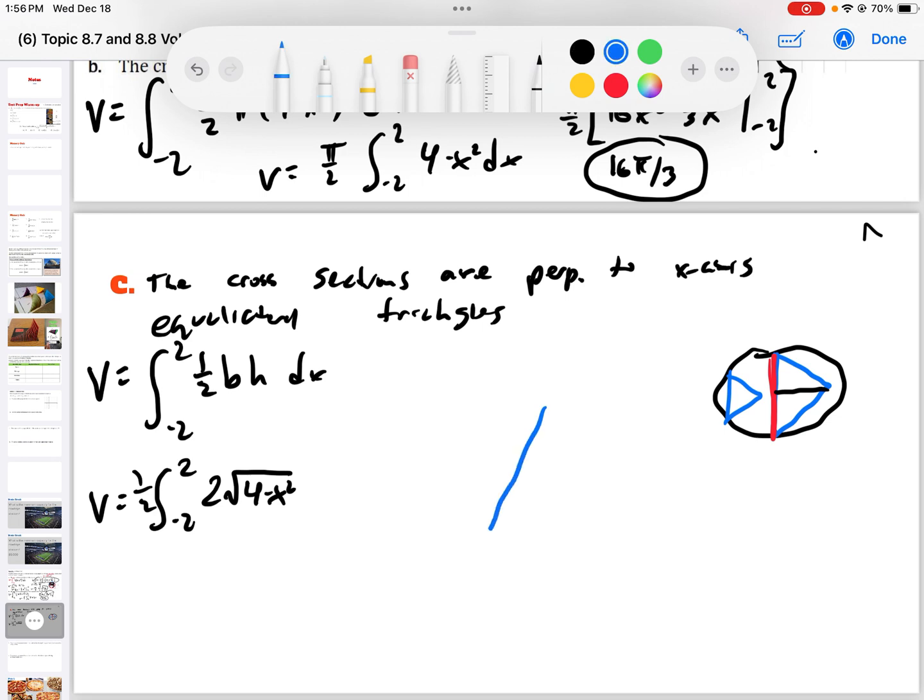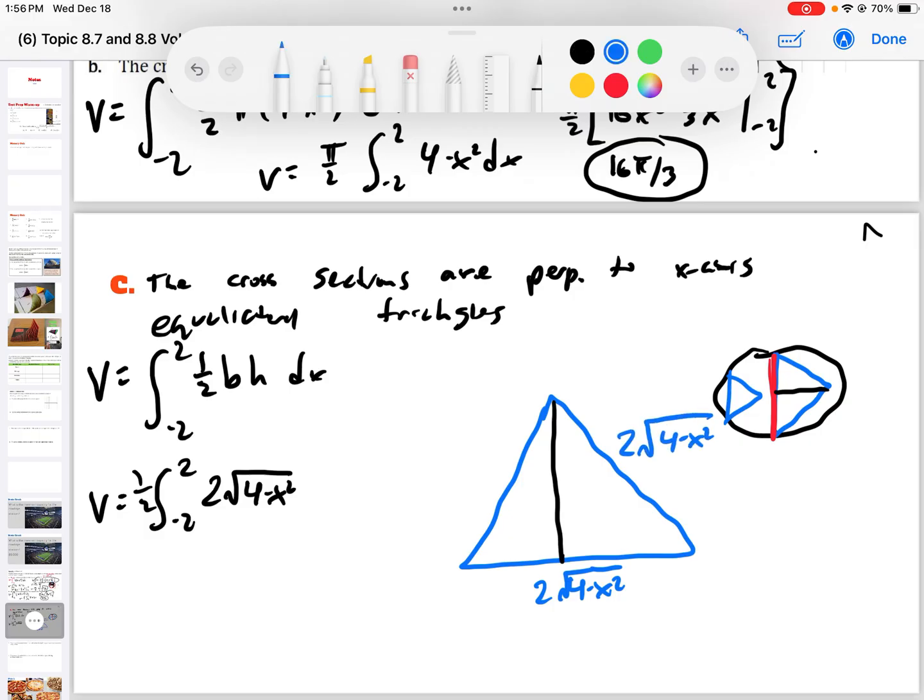So I've got this equilateral triangle. All the sides are the same. Each one is 2 square root of 4 minus x squared. Then I need to find the height of that. So I also know this is 2 square root of 4 minus x squared.